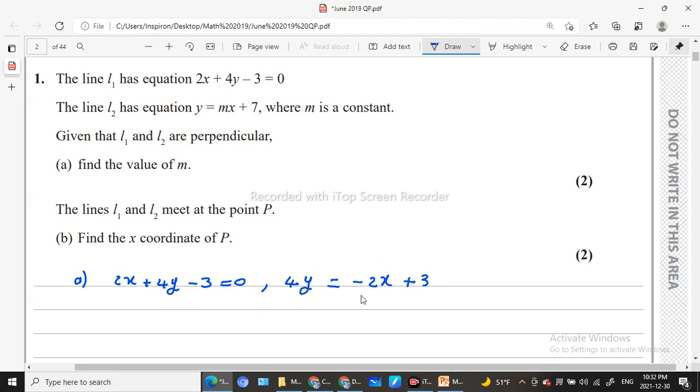Now dividing all terms by 4, minus 2 over 4 is minus half x, plus 3 over 4.